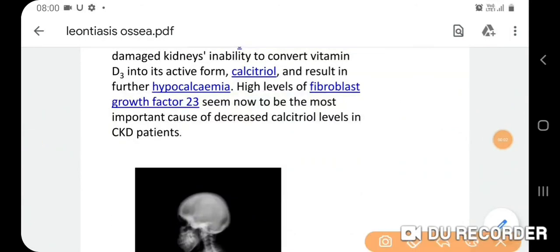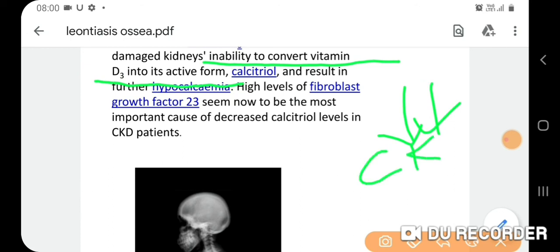Mind it that the damaged kidney's inability to convert vitamin D3 into its active form calcitriol results in further hypocalcemia, and high levels of fibroblast growth factor seem now to be the most important cause of decreased calcitriol level in chronic kidney disease patients.